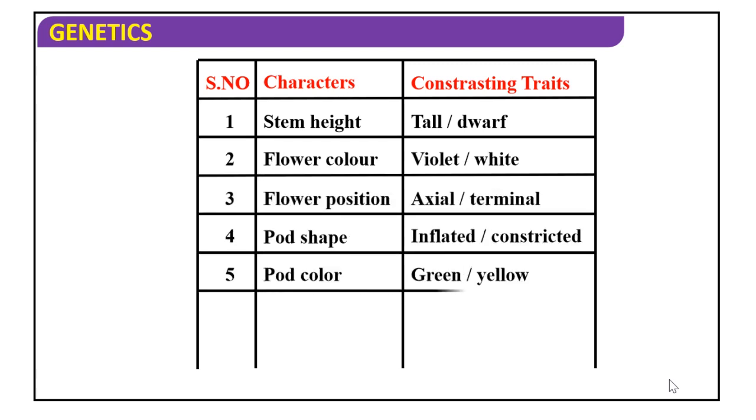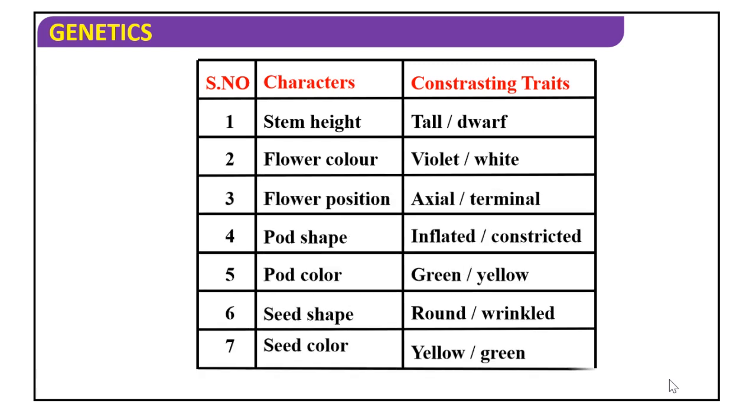These are the characters and their contrasting traits which we can observe in this slide. First, stem height, where the two contrasting traits are tall and dwarf. Second character, flower color, the contrasting traits are violet and white. The third character is flower position, the contrasting traits are axial and terminal.